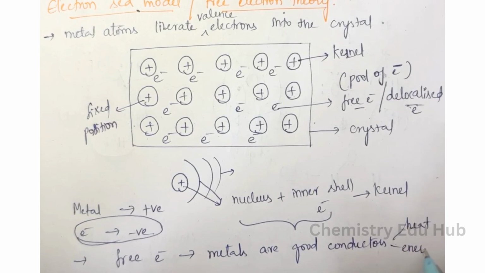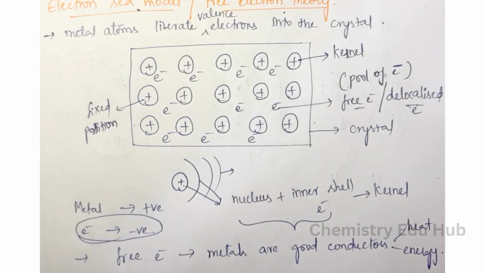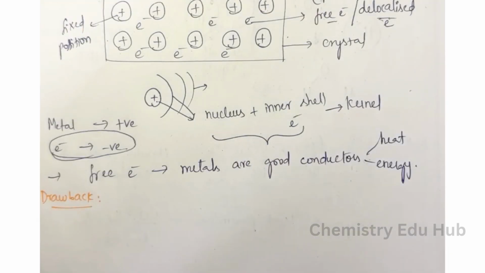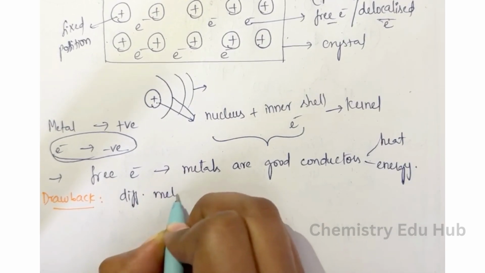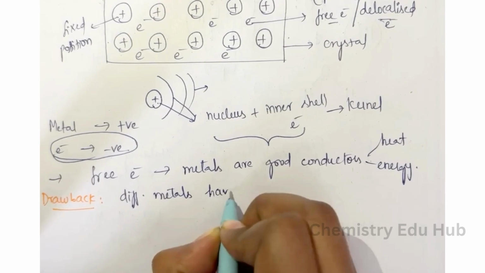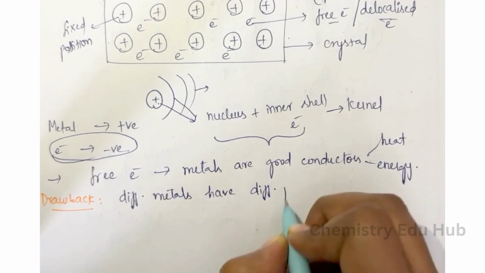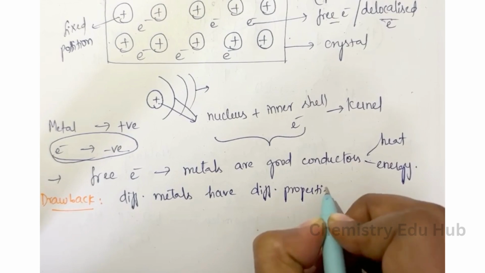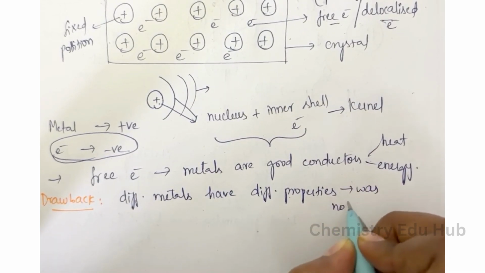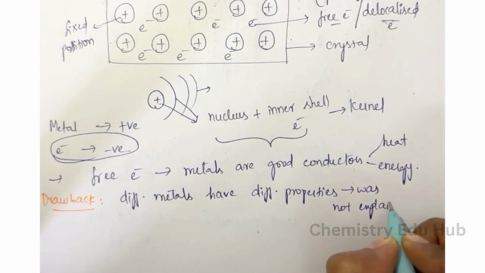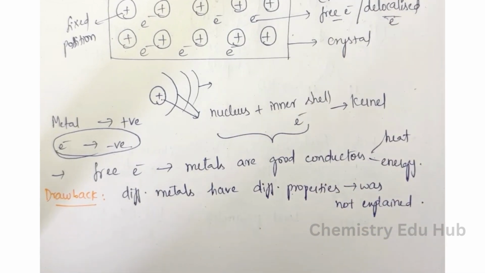This is the reason why we use only metals in the electric wires or for any kind of conduction. The main drawback of this theory is different metals have different properties. Why different metals have different properties was not explained by this model. This is the only drawback of this model.